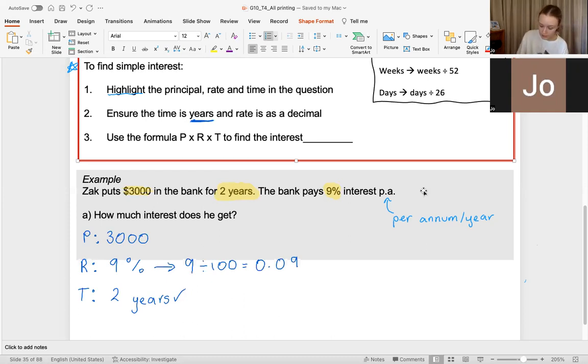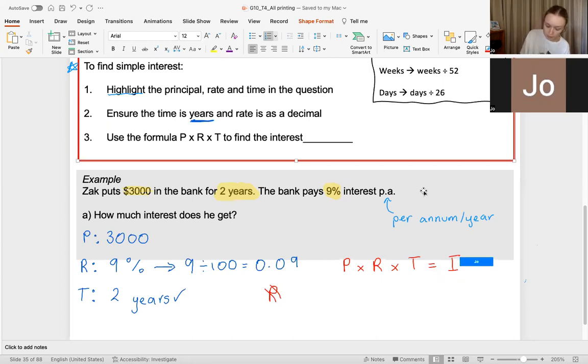The formula is P times, might actually move this one across so we've got a little bit more space. Start it again over here. P times R times T equals interest.